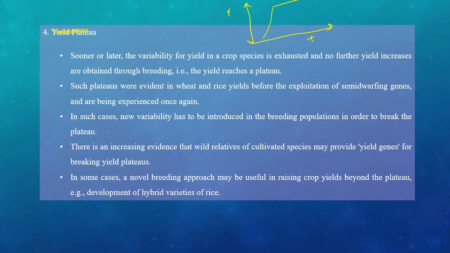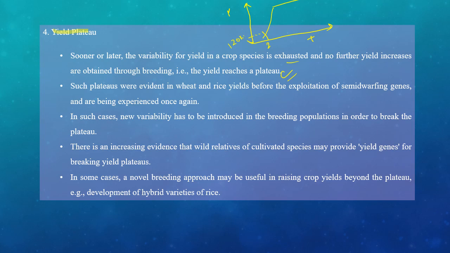Sooner or later the variability of the yield in crop species is exhausted. That means no further yield increase is obtained. That means yield reaches a plateau. Suppose here at first the variety yields up to 120 kg.